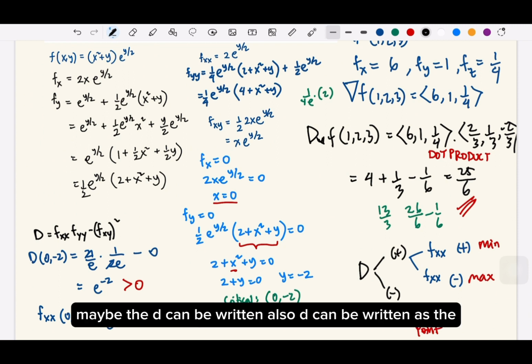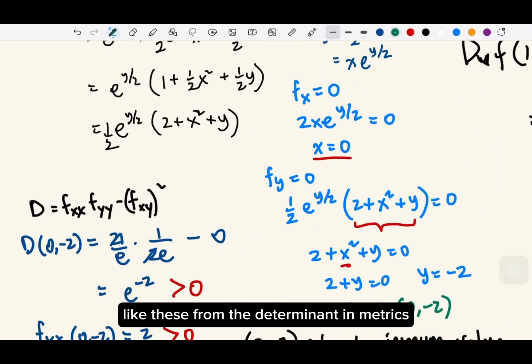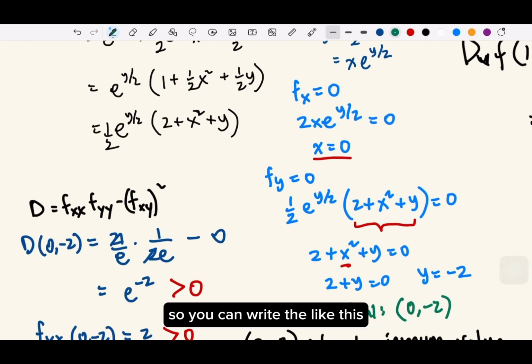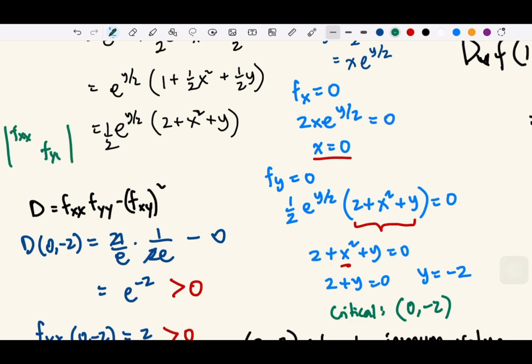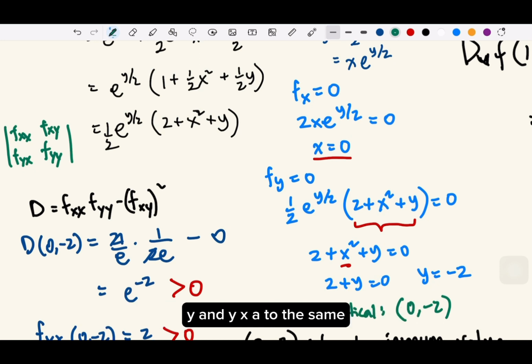Maybe D can be written also as, D is from the determinant in matrix. So you can write like this. So multiply and then subtract with this square. Partial xy and partial yx are the same. So we can just write as partial xy squared. Or partial yx is also okay, squared.